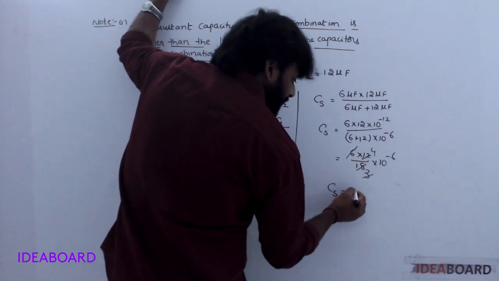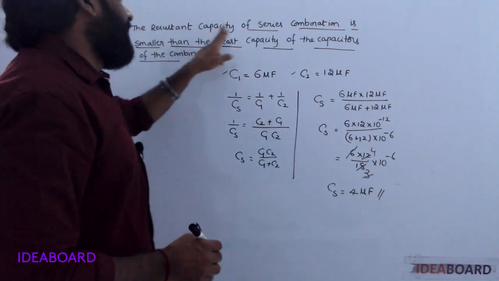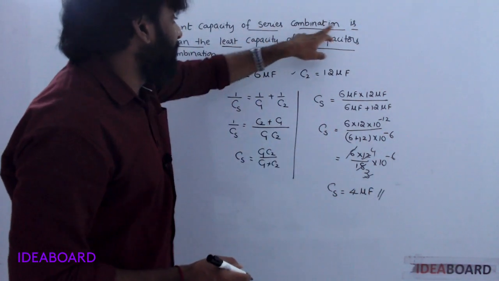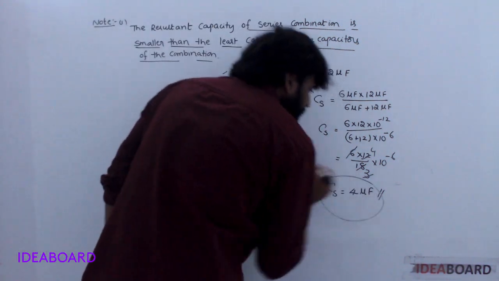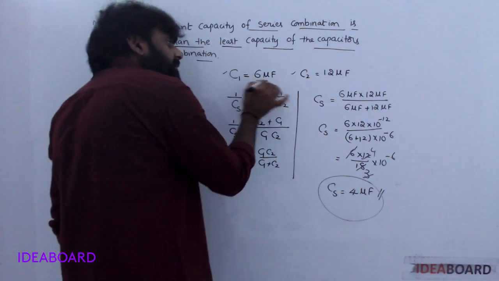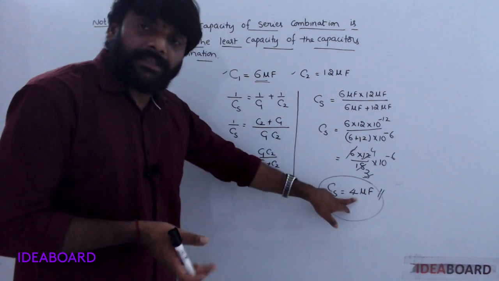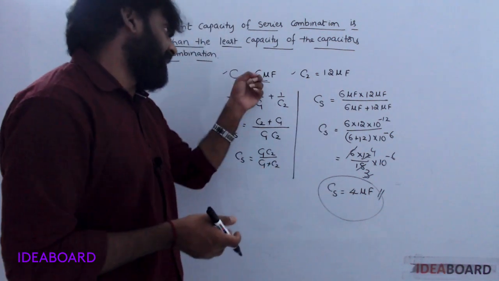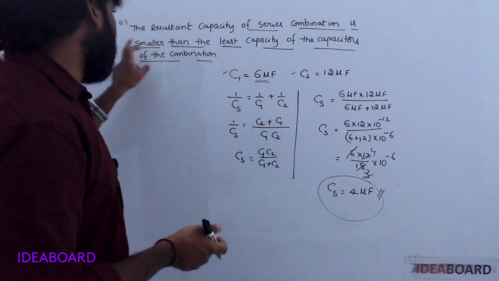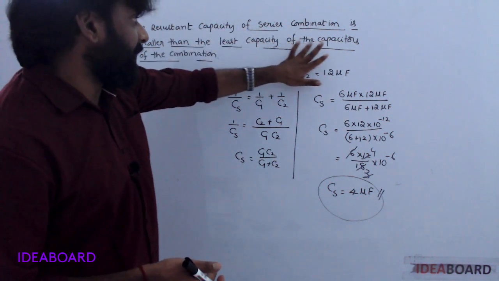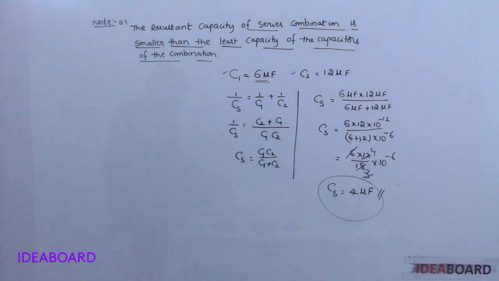In series combination, the resultant is 4 microfarad. See, the resultant capacity of series combination is smaller than the least capacity. Here the smaller one is 6 microfarad, and compared to this, the resultant is less. So the resultant capacity of series combination is smaller than the least capacity of the capacitors of the combination. Understood? Okay.